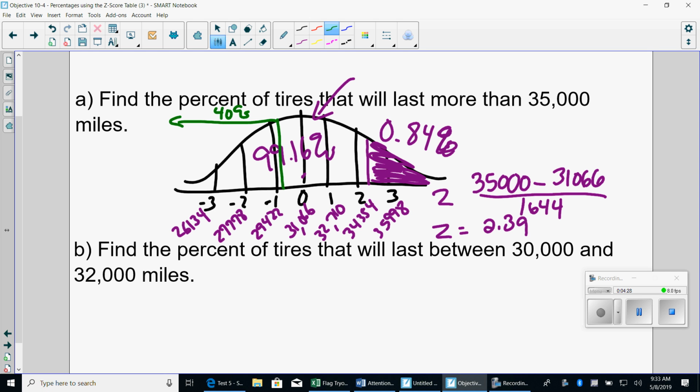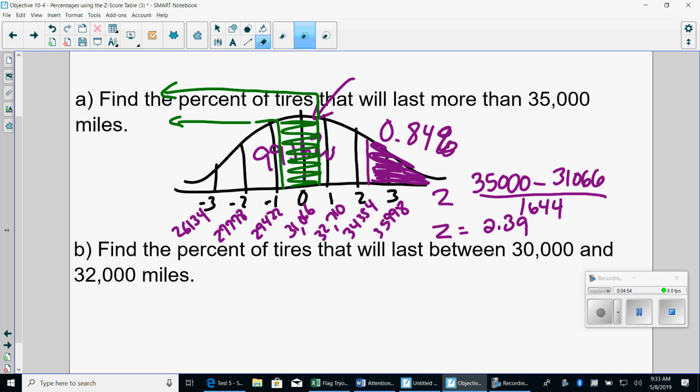And then I'm going to mark 32,000, which would be this. Let's just say from here all the way over is 60%. So my question is, I want what's between. So what would be between? 20%. You just take the 2 and subtract. Yeah. But we don't know if that's what it's going to be.